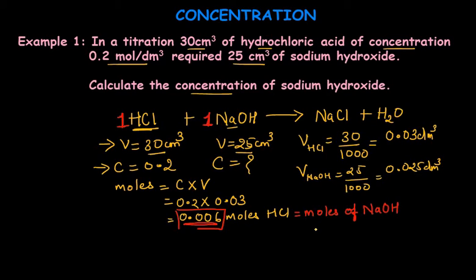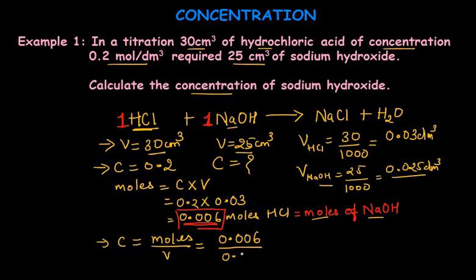So moles of sodium hydroxide is also the same, that is 0.006. So now we have got the moles of the solution of an unknown concentration also, which was our second tip. The third step is to calculate the concentration with the help of the formula moles divided by volume. So our moles for NaOH, sodium hydroxide, is 0.006 divided by its volume, that is 0.025.